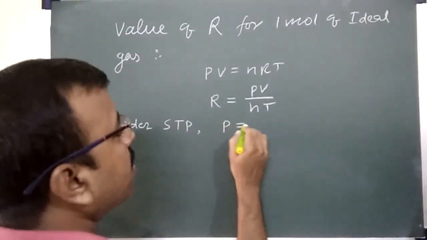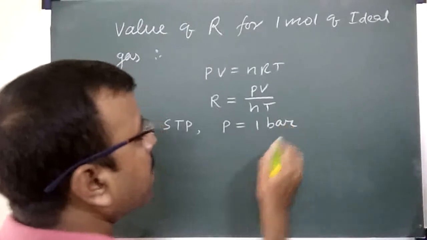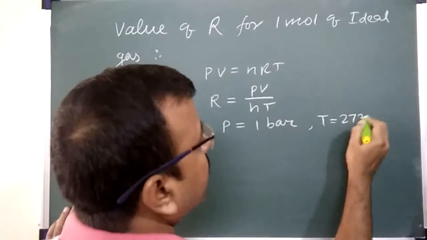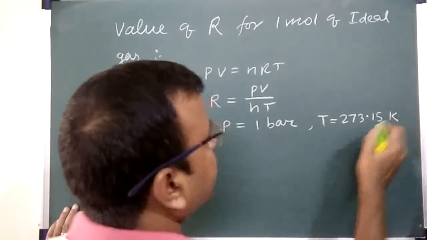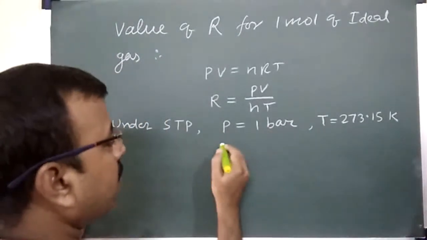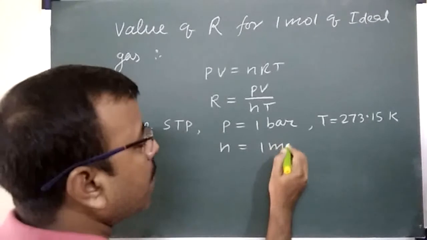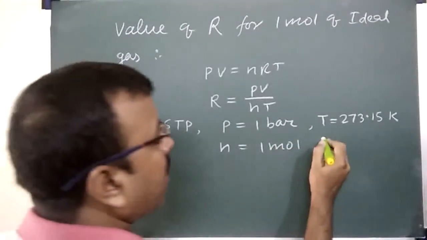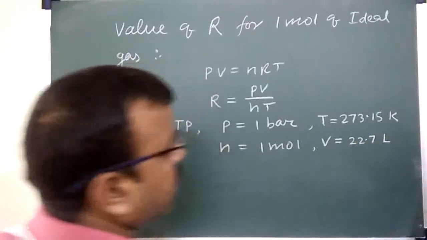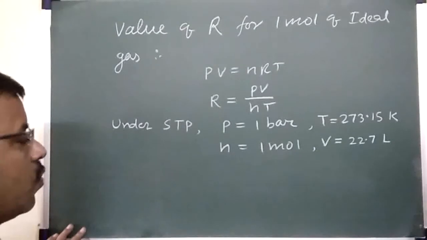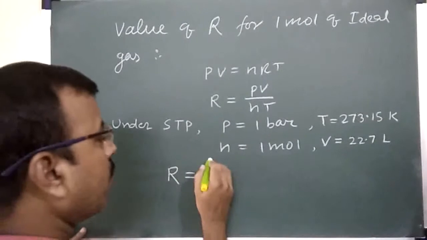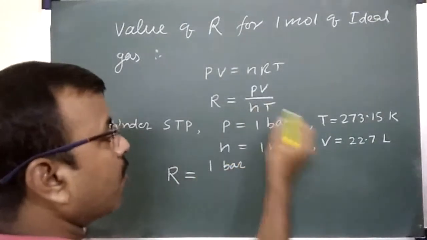So the value of P is taken as 1 bar and temperature is 273.15 Kelvin, and under this temperature and pressure, the molar volume, since the number of mole is 1 mole, so the volume of 1 mole of gas is observed to be 22.7 liter.